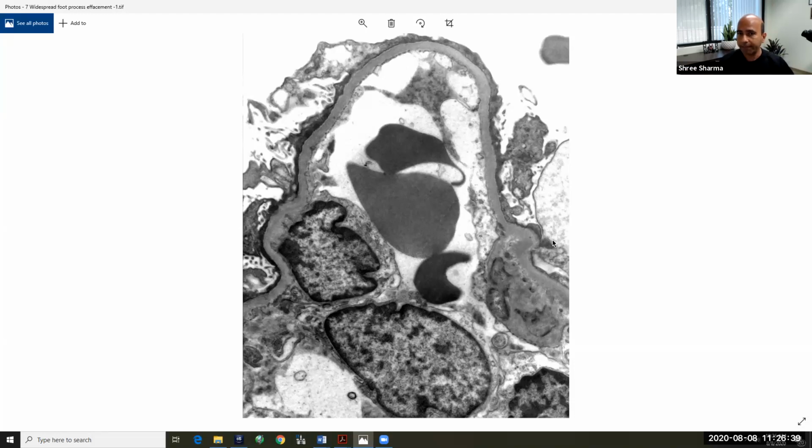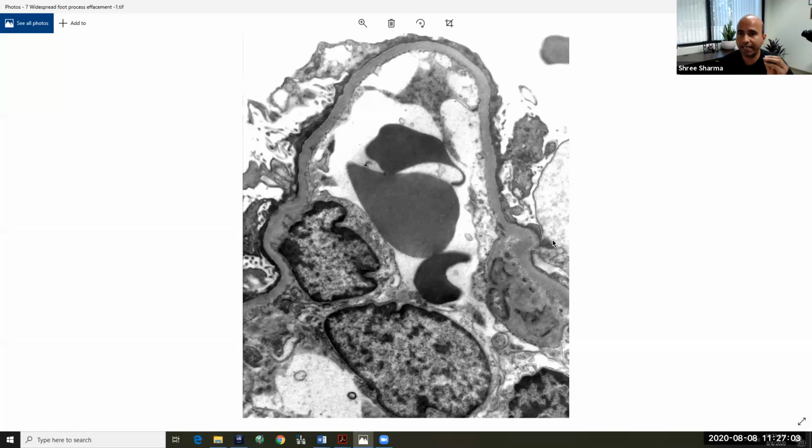Many people will say, we should classify FSGS on the basis of pathogenesis. Who is driving that FSGS? Is it a permeability factor? Then it is going to involve all the gloms within the biopsy. Is it adaptive? Then it is going to involve only a few gloms. That is one way of classifying.